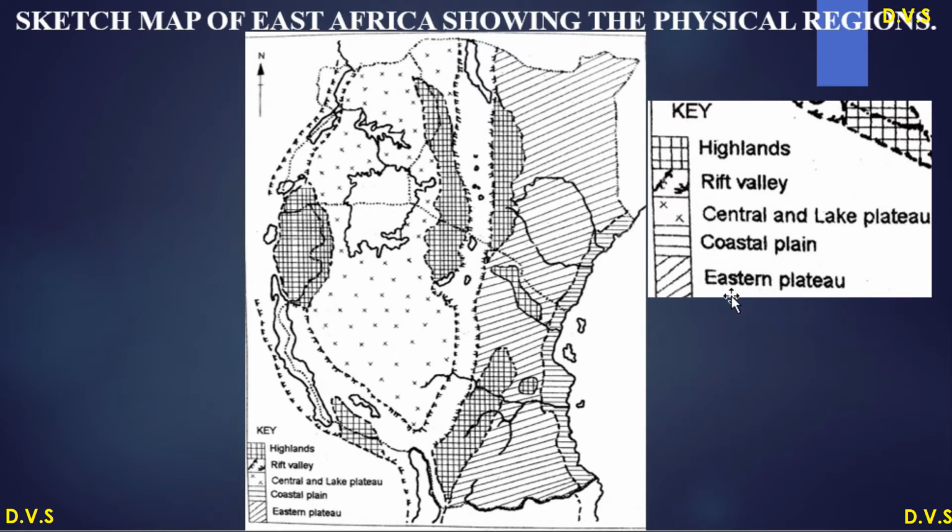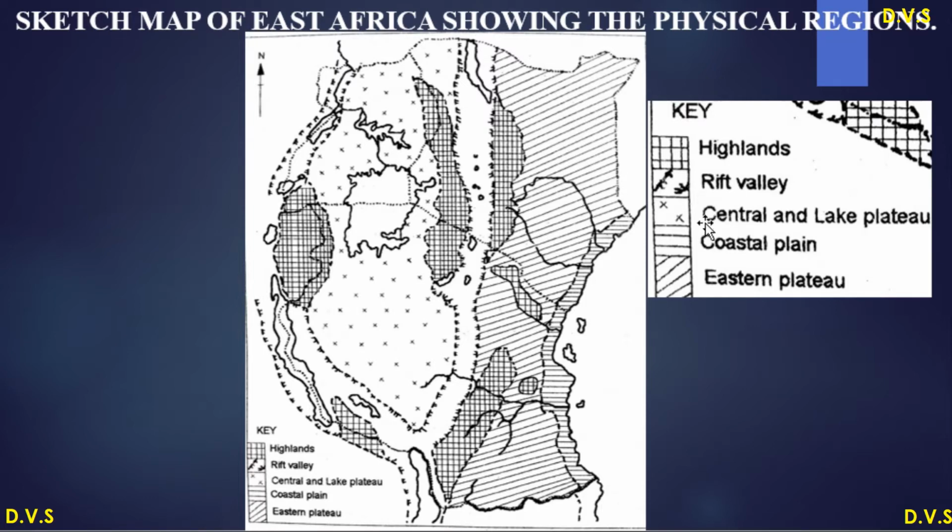If you look at our key here, the highlands are the ones that are shaded with boxes. These are the highland areas of East Africa. The Rift Valley is this region here that stretches from Lake Turkana southwards and goes up to Lake Albert.